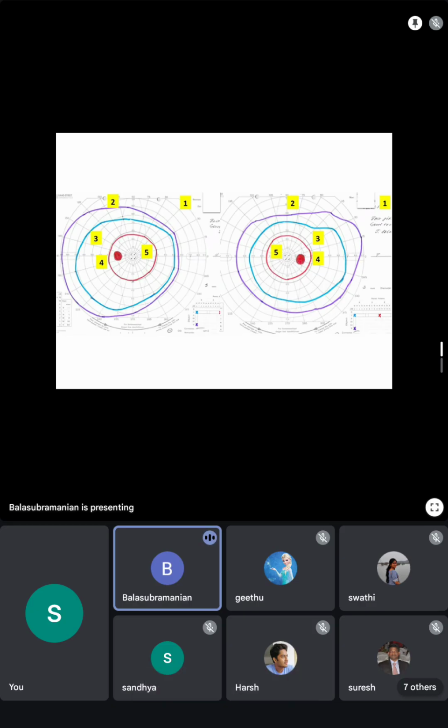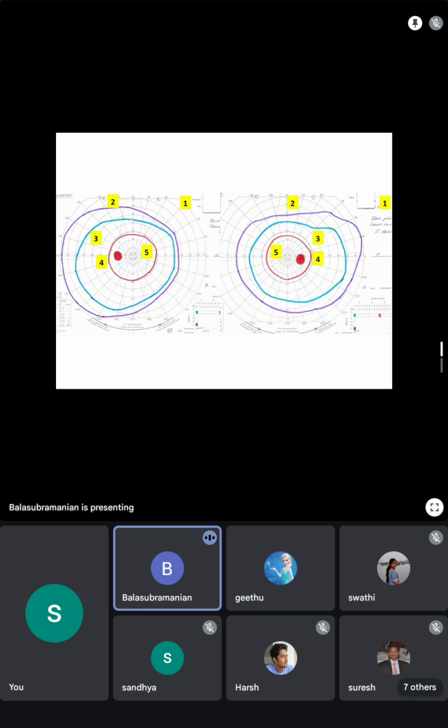Anything you know about that term? They are not symmetric circles. Isopters are the lines which connect the points with equal retinal sensitivity, ma'am.